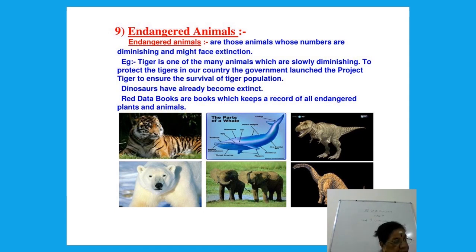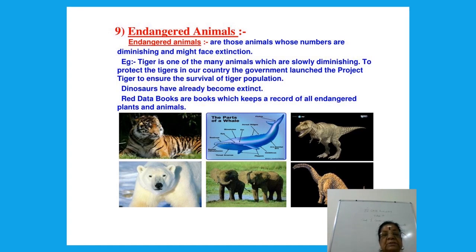Once upon a time, animals like elephant, wild buffalo and Barasinga were also found in Satpura National Park.